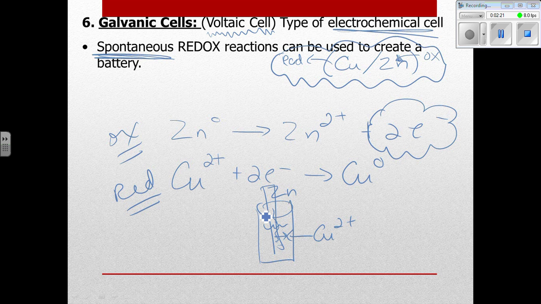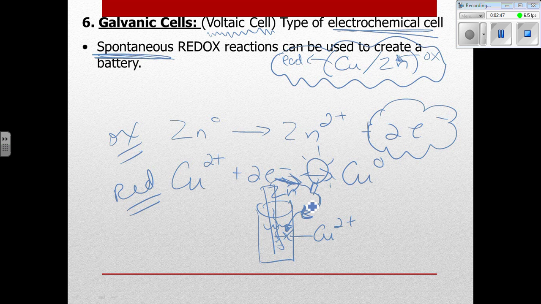So I have to figure out a way to separate the two half reactions so that the electrons travel through a wire to get back into that solution. Along the way, I can plug in, maybe, a light bulb or something so that the electrons that go from the zinc back into the copper can do some work. Okay, so that's what a battery is.